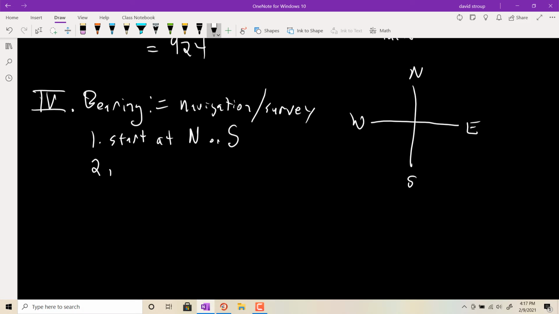And you're going to use the acute angle in the direction of the terminal side. And that'll be more clear once we look at some examples. So use the acute angle. Again, acute angle is less than 90 degrees in the direction of the terminal side, which is basically just the direction the boat is going in.